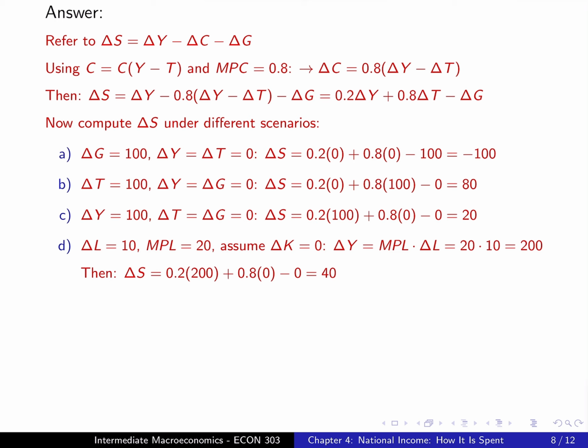Assume delta K equals 0. Then delta Y equals MPL times delta L equals 20 times 10 equals 200. Then delta S equals 0.2 times 200 plus 0.8 times 0 minus 0 equals 40.